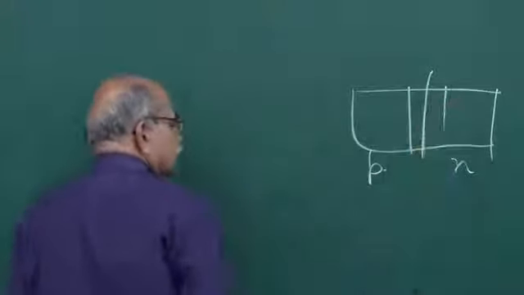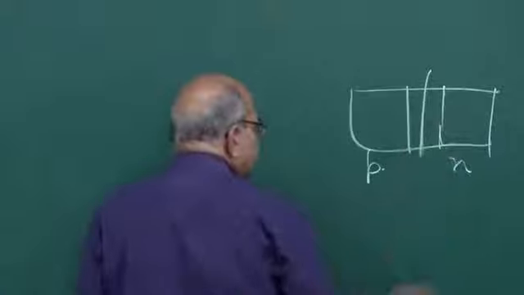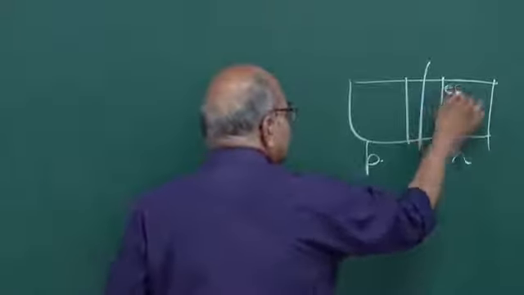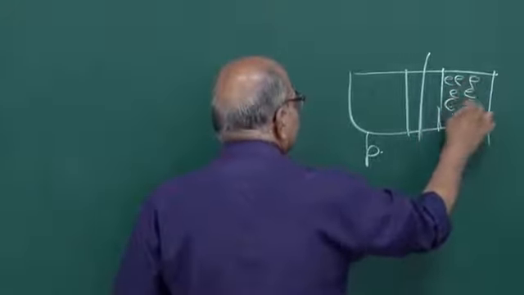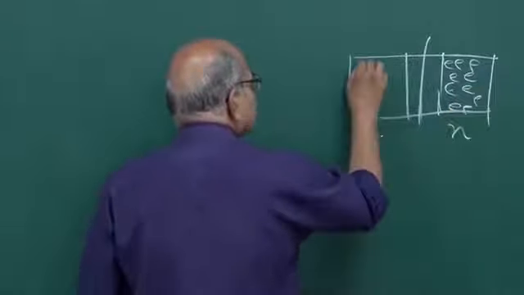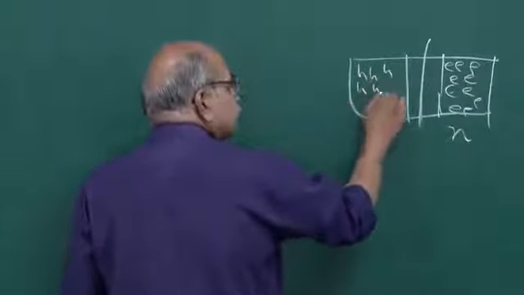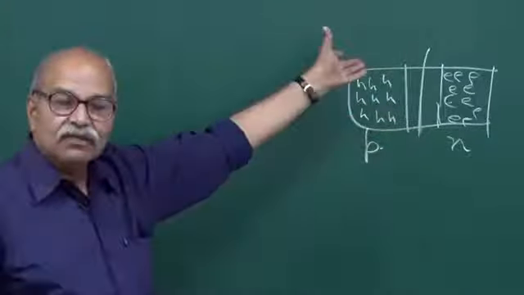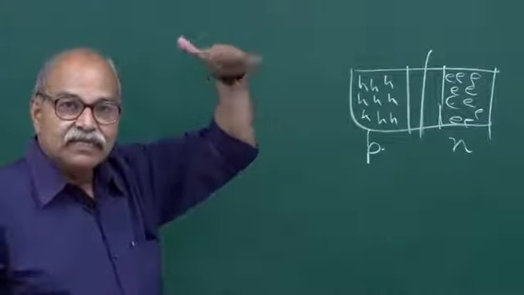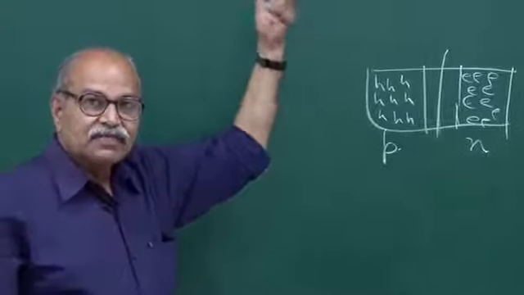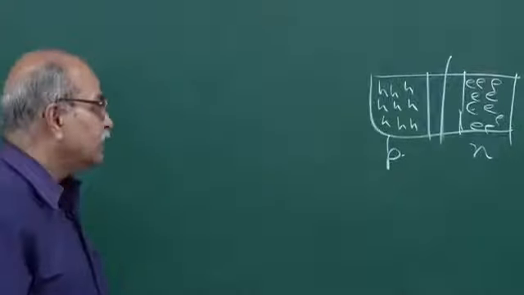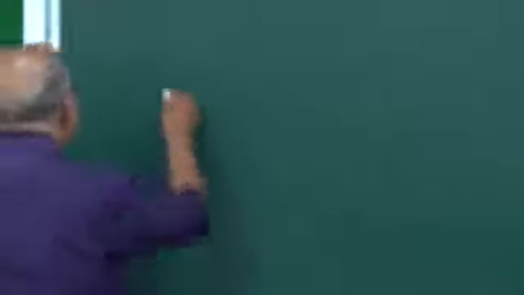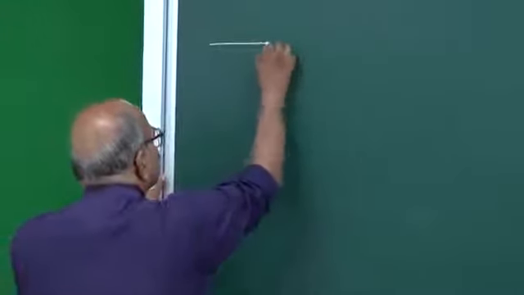You have the depletion region, and then you have a lot of electrons here and a lot of holes here, and we discussed how these holes and these electrons are distributed in different quantum states of different energies. The band looks like this.